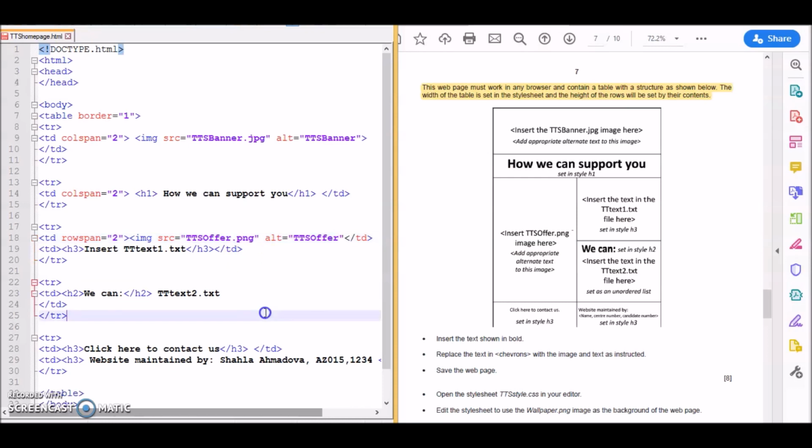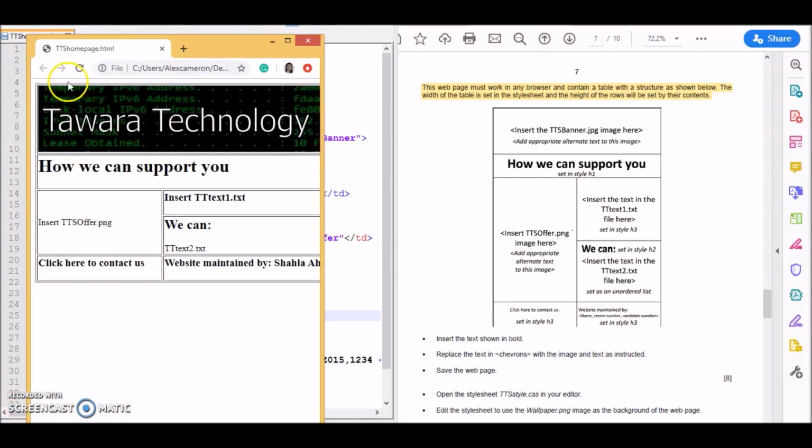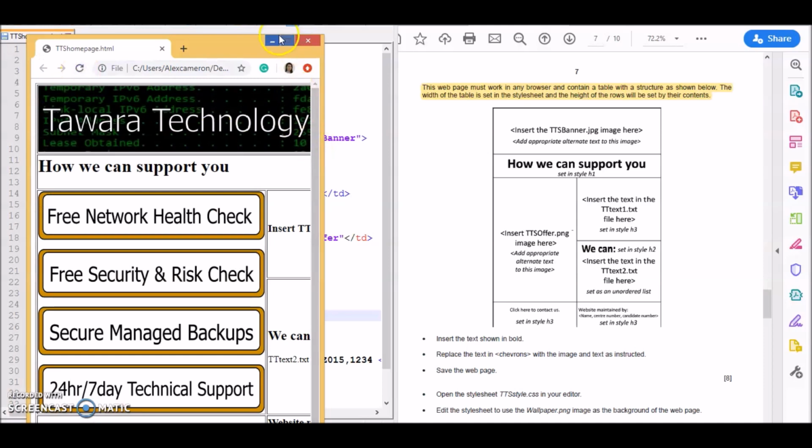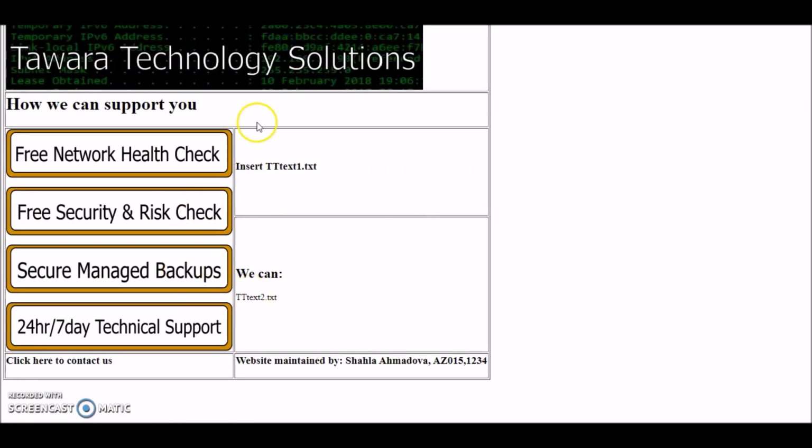Okay, let's test it again. Alright, so that is what is expected from us. Don't worry about the size of the picture, we will resize it later to fit the entire row. Okay, now two things left, adding the two texts for here and right here.